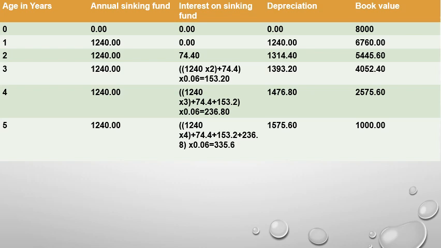The interest for the third year comes to be 153.20 and total depreciation is 1393.20. Now the book value is 5445.60 minus 1393.20, equals 4052.40. And at the end of the fifth year again the book value is equal to scrap value.